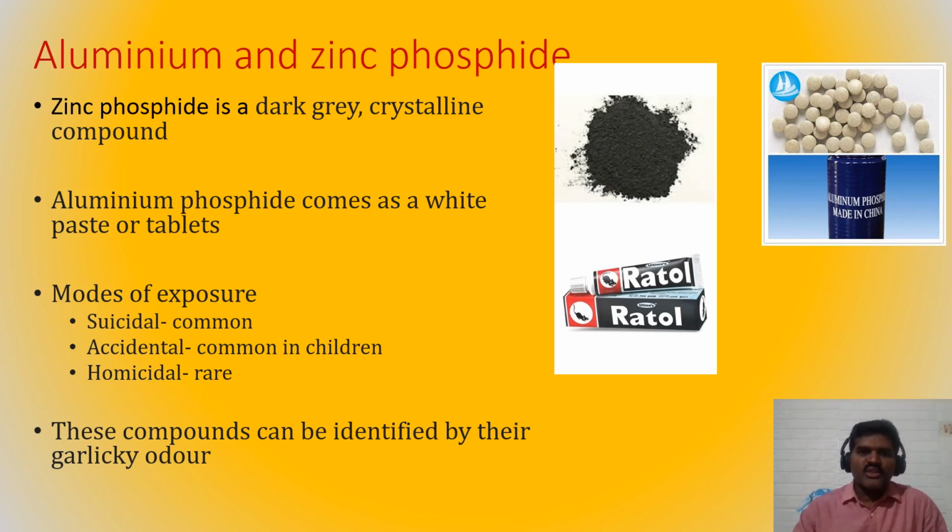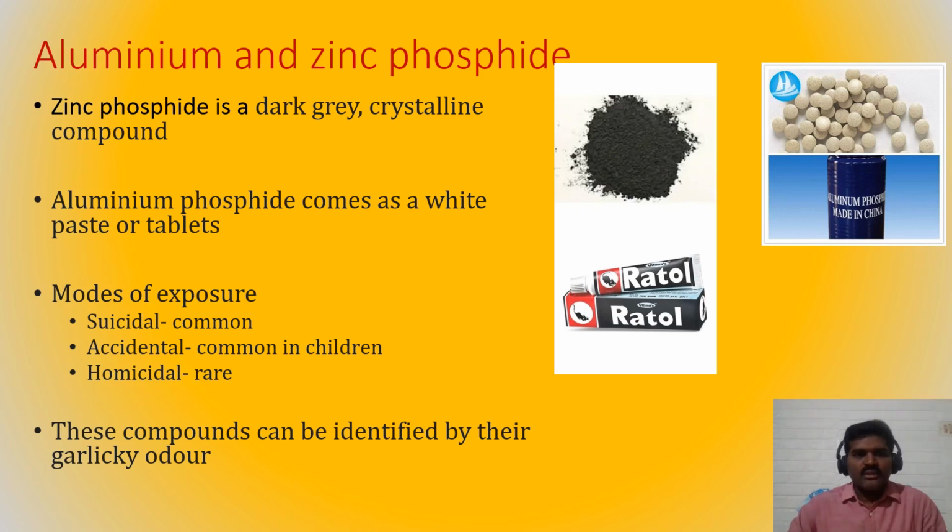Aluminum phosphide usually comes as a paste or in tablet form, which can be mixed with water or placed directly at the sites where rats frequent as bait. They attract the rats and kill them.